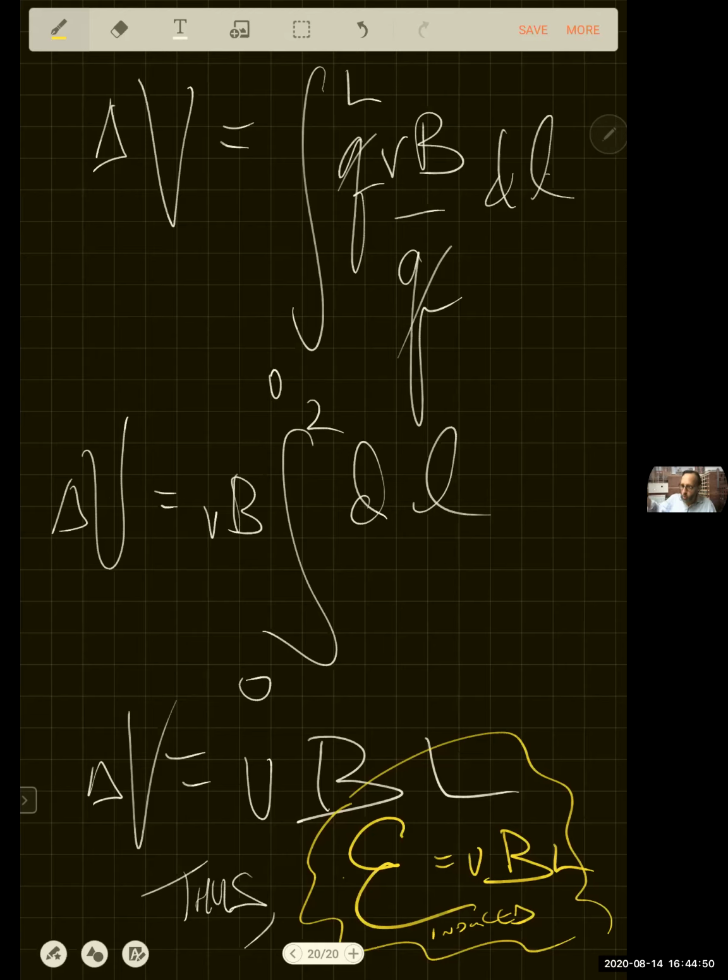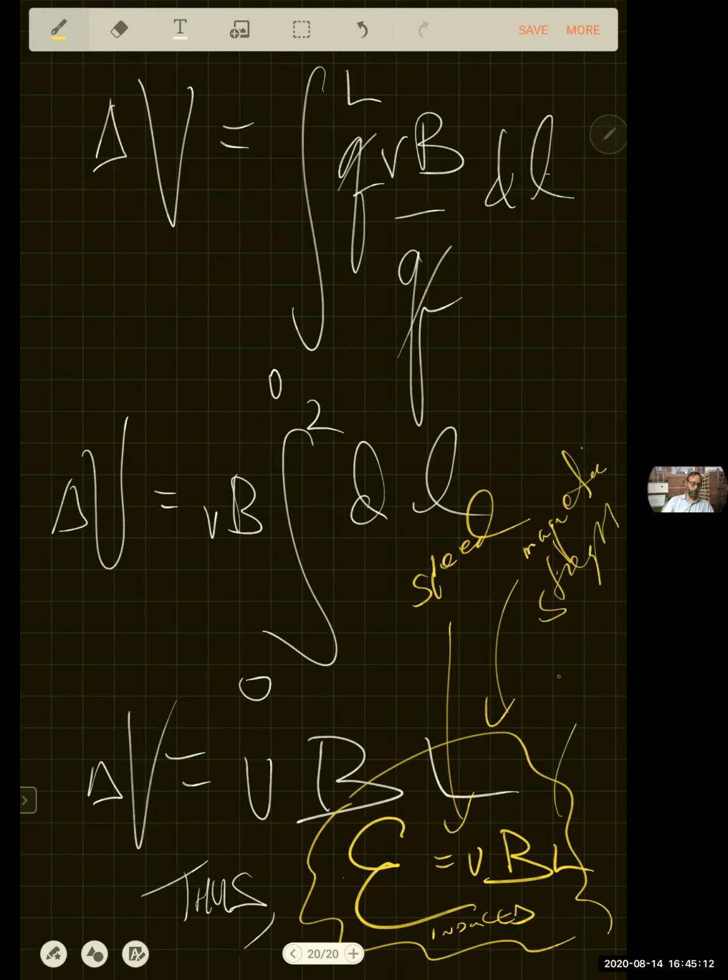If you move part of the wire in the proper way through a magnetic field, then you get this induced voltage, which is exactly equal to the speed of the rod times the magnetic field that you're in times the length of the rod.